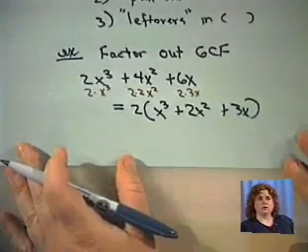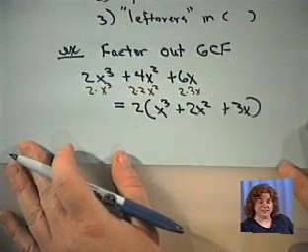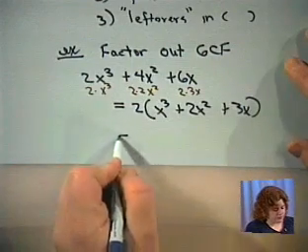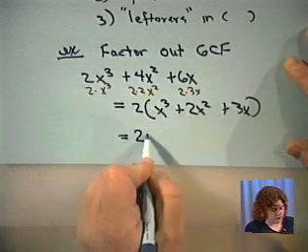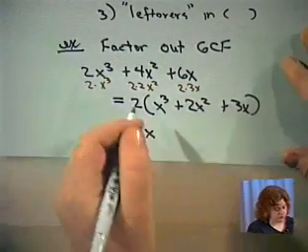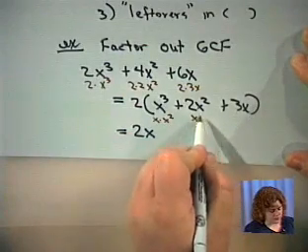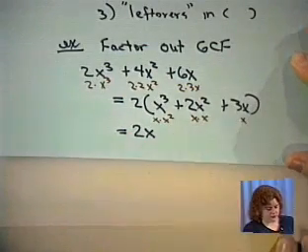So you pause and you look at it again and you say, they all have x's. Let me take out an x. If I do that, I'm going to end up with a 2x pulled out. But what am I going to have left? Well, this is x times x squared, x times x, and plain old x.